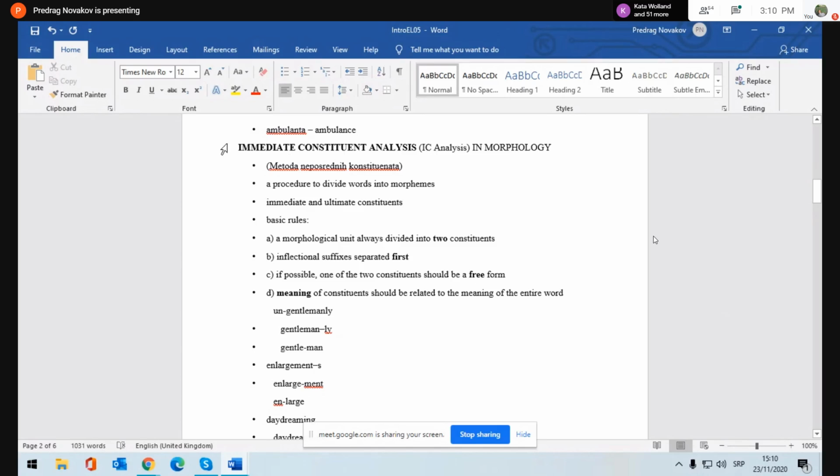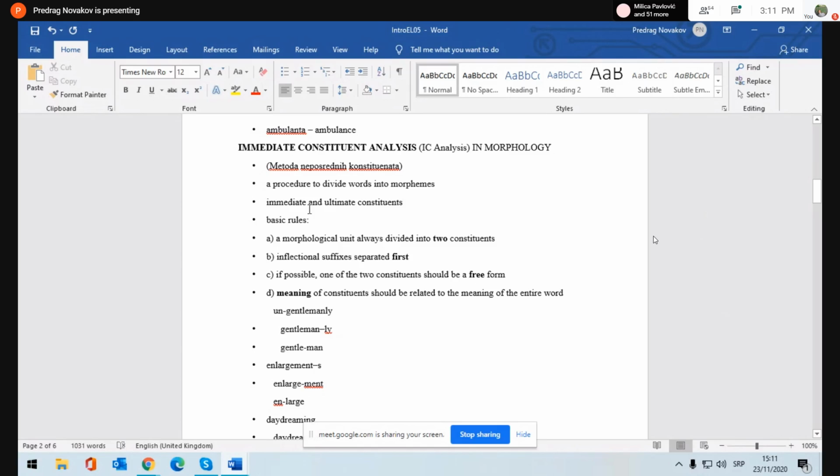IC stands for immediate constituent. Okay, this is used in morphology. So immediate constituent analysis in morphology. In Serbian, we usually translate it as metoda neposrednih konstituenata. Okay, so this is simply a procedure of how you divide words into morphemes.